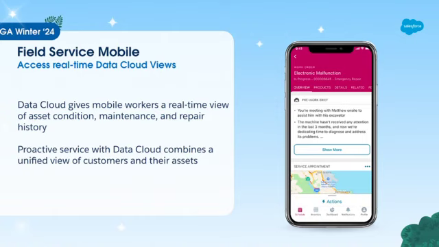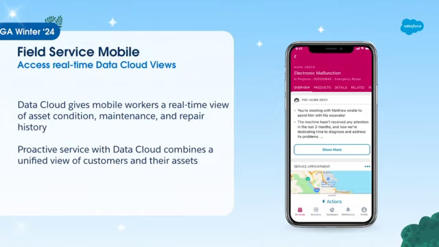So they can proactively schedule services and keep equipment working with minimal downtime. This is ensuring that these users who are out in the field, who have multiple different data sources, multiple different inputs, can now consolidate all of that using Data Cloud, bring that into Field Service Mobile, and now use that to really optimize their business.